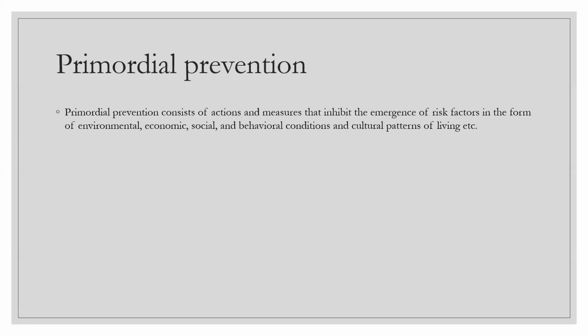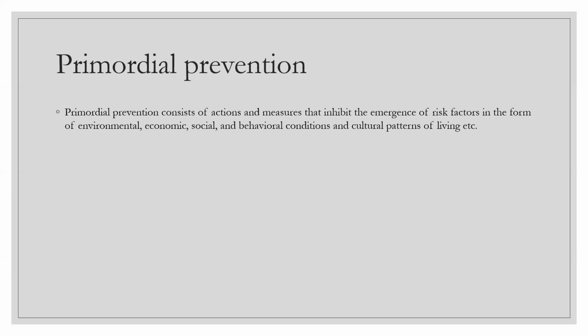So, for example, let's look at the example of lung cancer. And the risk factor for lung cancer under our review is cigarette smoking. You can only implement primordial prevention if cigarette smoking has not occurred at all. So there's no exposure to the risk factor.